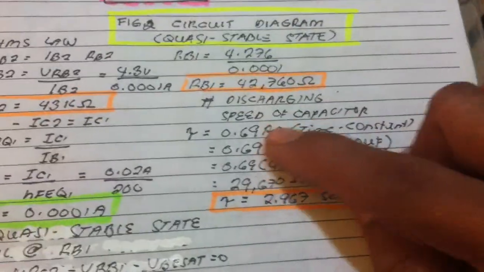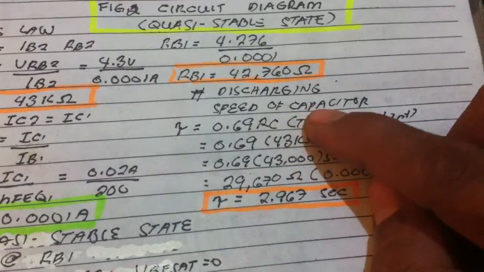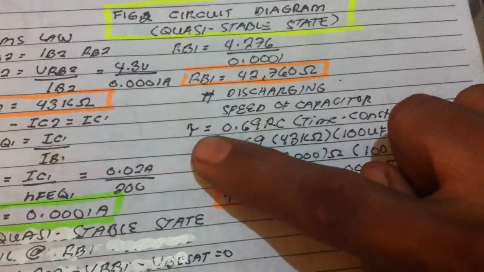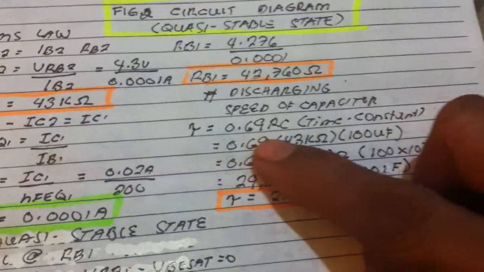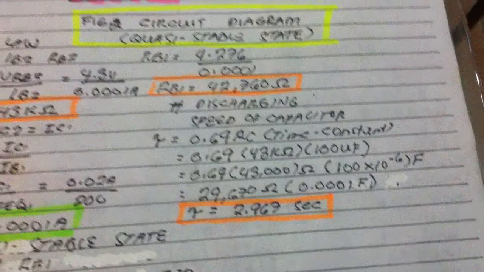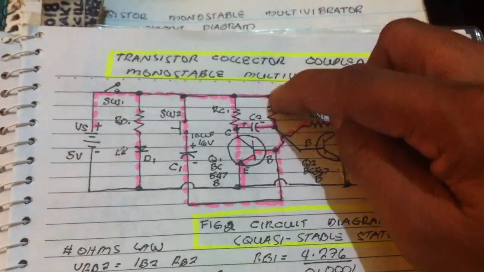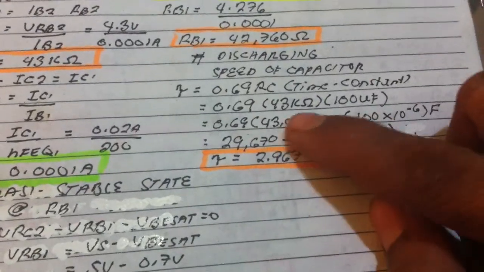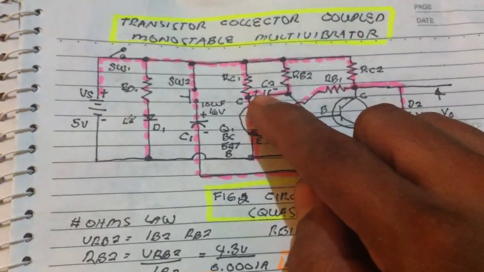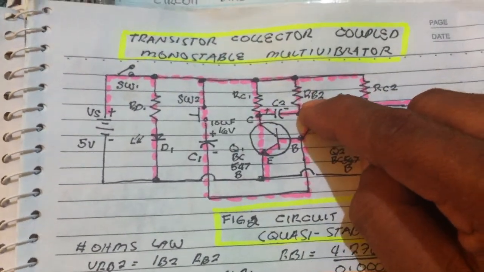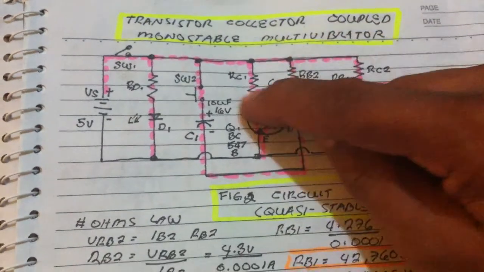We can compute the speed of the discharging effect of the capacitor using tau, or the time constant, 0.69 RC. That is the standard formula for computing it. I'm using a value of 100 microfarad; this is a chosen value, and we calculated the value of the resistor here.